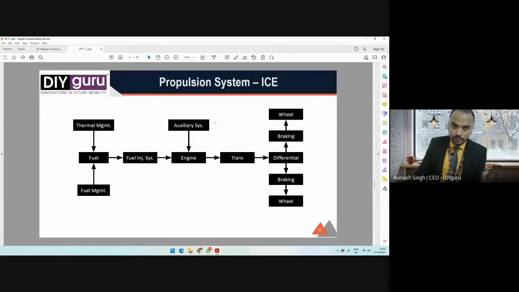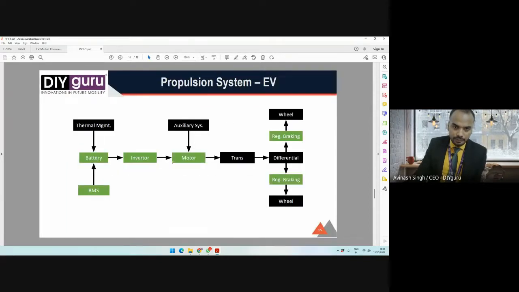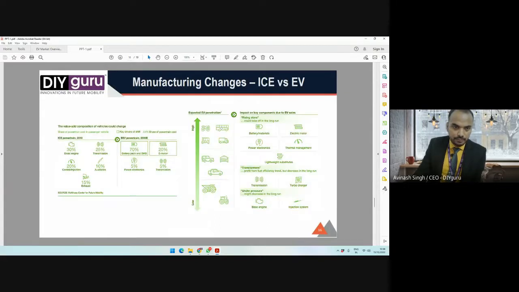Then we saw what is the difference between IC and EV, the components which are used in IC and EV, and then we saw the forecast by 2030, what would be the percentage of components in EV, and where more emphasis is going to be in this industry moving forward.